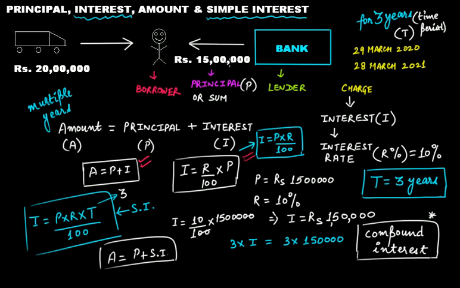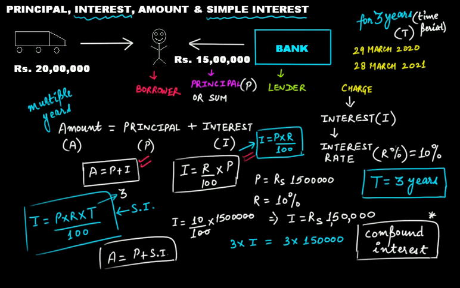Principal is the amount that the bank lends you, that it gives to you. First principal, then let's talk about its time period. If the time period is for more than 1 year, what you calculate is called the simple interest. And interest is the amount that the bank charges you on the principal, and it is calculated using an interest rate that the bank decides.